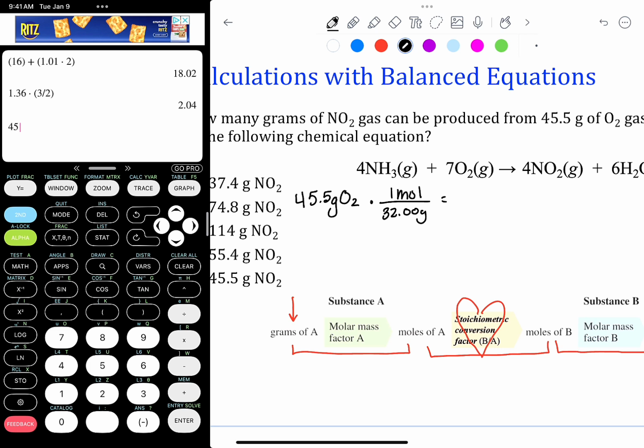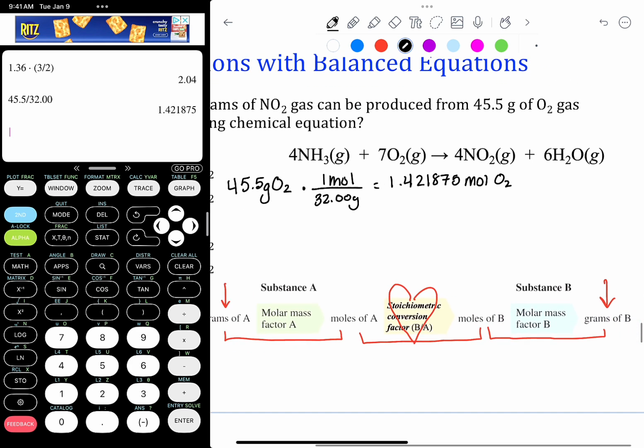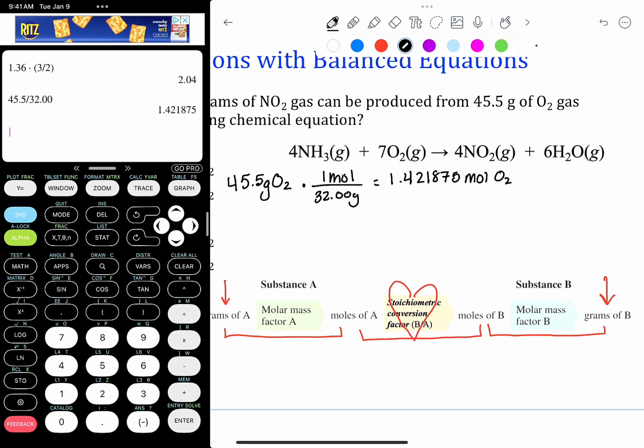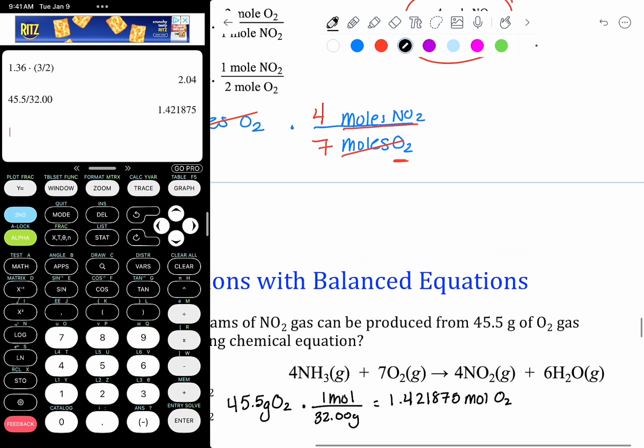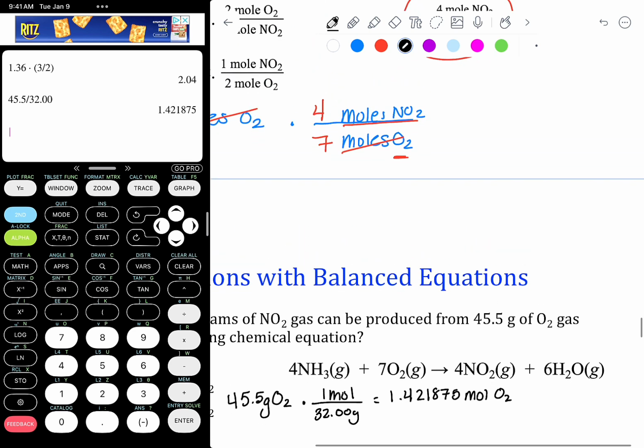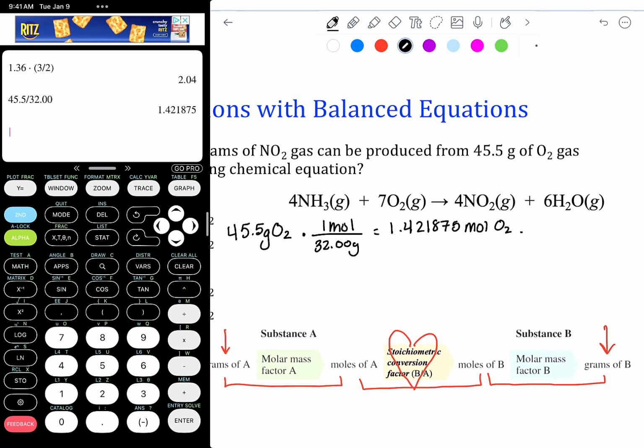So 45.5 divided by 32 gives us 1.42185 moles of O2. We next want to use our stoichiometric conversion factor to convert from moles of O2 to moles of NO2. And we're going to use our 4/7 ratio from our previous example. So it's going to be 4 moles of NO2 for every 7 moles of O2.